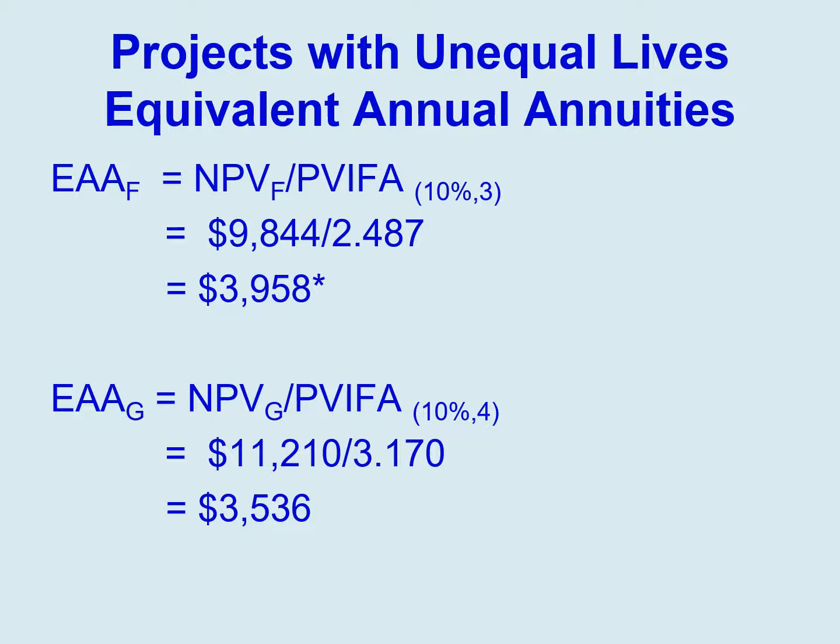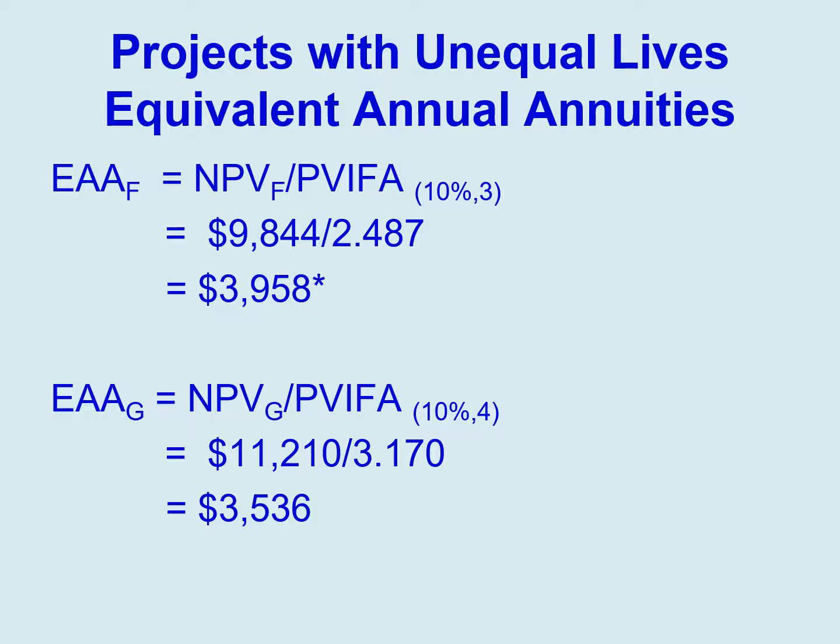So with the equivalent annual annuity, you want to start with the raw unadjusted NPVs. For Project F, we did that a couple slides ago. We had the raw unadjusted NPV of $9,844. And then we want to turn that into an annuity figure.